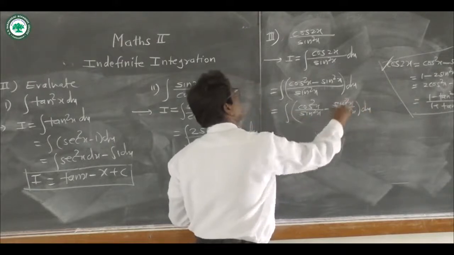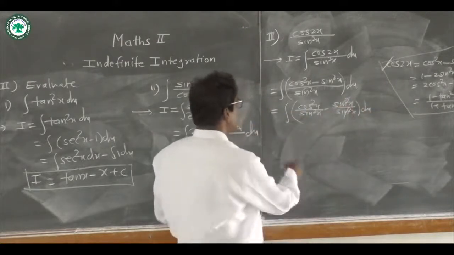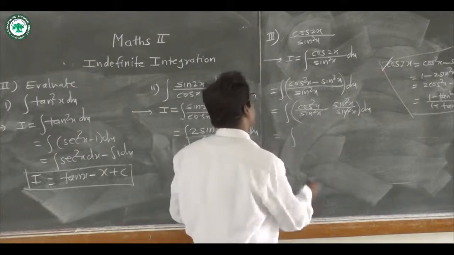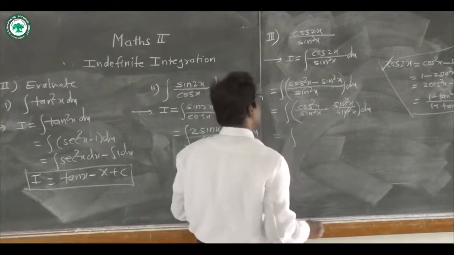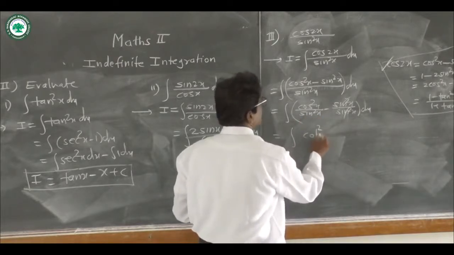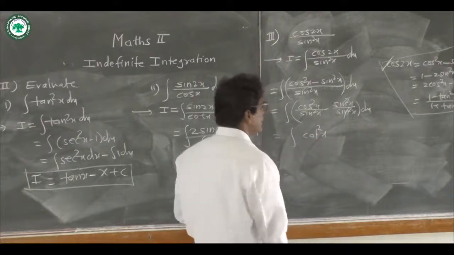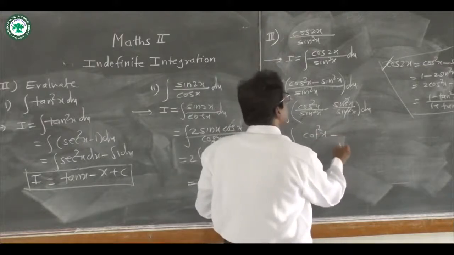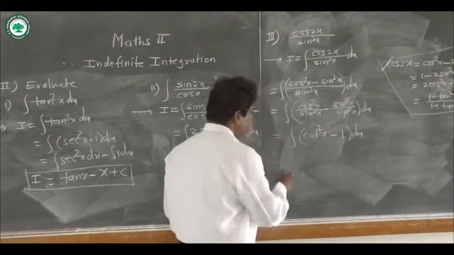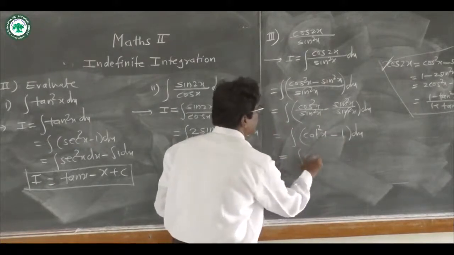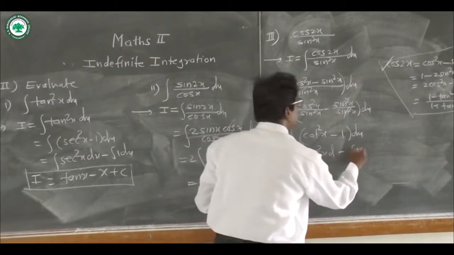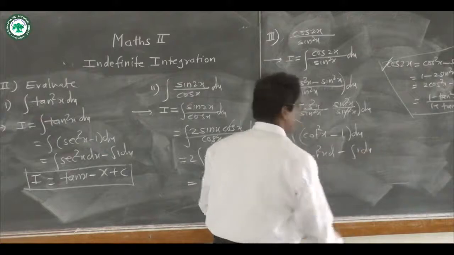Now this sin square x and sin square x get cancelled. So we get integration of cos square x upon sin square x, that is cot square x, minus 1 dx. Now here we separate the integration: integration of cot square x dx minus integration of 1 dx.